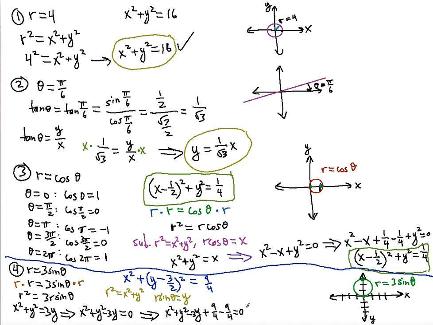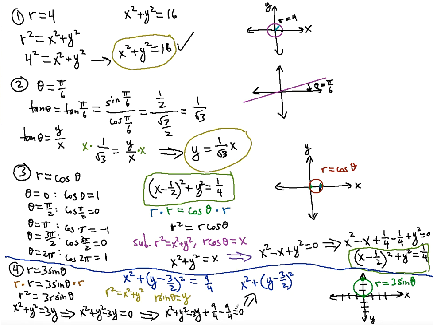So in the end, we're getting x squared plus, now let's put these three terms in parentheses, y minus 3/2, and then square that. We'll get three terms if we expand this.